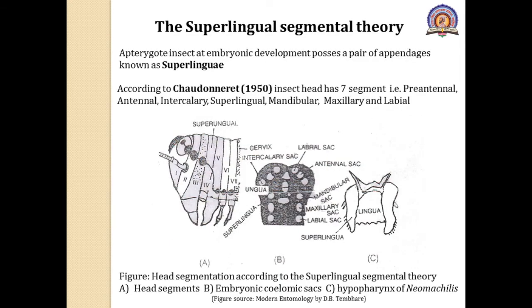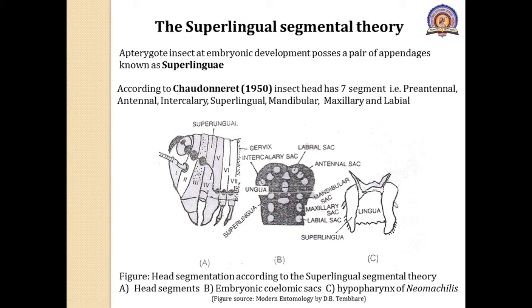The next theory is the superlingual segmental theory. Some workers, mostly working on the embryonic development of pterygote insects, noticed a pair of appendages known as the superlinguae, and the hypopharynx is supposed to be formed due to the fusion of the median superlingua with a pair of lateral superlinguae. These superlinguae are considered as a paired appendage belonging to the superlingual segment.